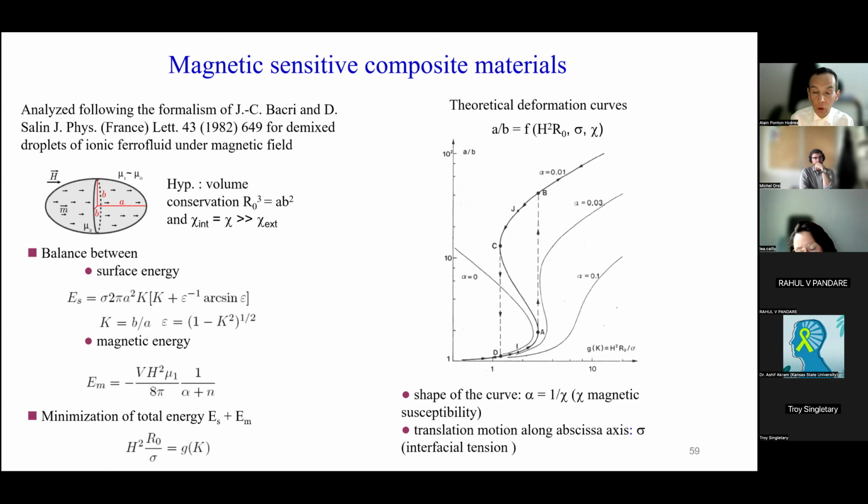And by minimization of these two energies at constant volume, and with the hypothesis that the magnetic susceptibility inside the droplet is much higher than the magnetic susceptibility outside the droplet, you can show that the ratio of long axis to short axis is a function of the magnetic field to the power 2, the initial ratio of the droplet, the magnetic susceptibility, and interfacial tension.